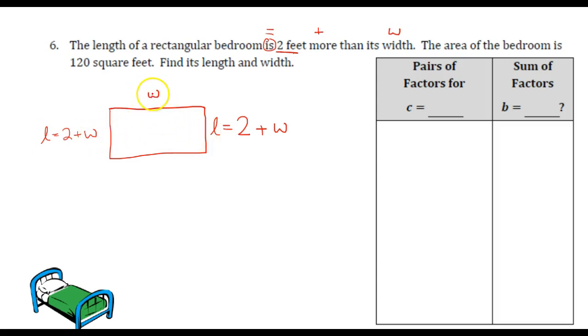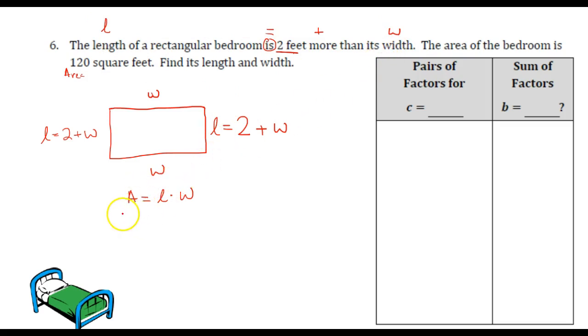Since I didn't know what the width is, I'm going to use W, and it says the area of the bedroom is 120 feet. So area is equal to length times width, just so you know. So L stands for length and W stands for width.